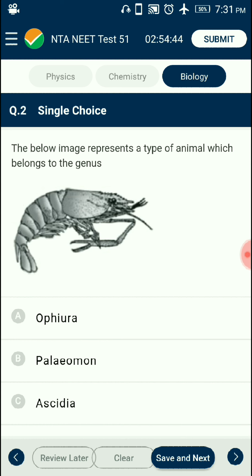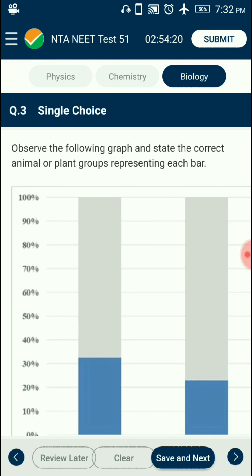Ascidia is a genus living in marine habitats, coming under the subphylum Urochordata. Ophiura is an example of echinoderms. Limulus is called the king crab, also belonging to the phylum Arthropoda. So the answer for this question is option B, Palaemon.